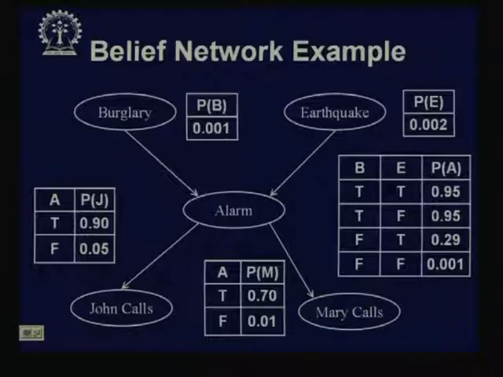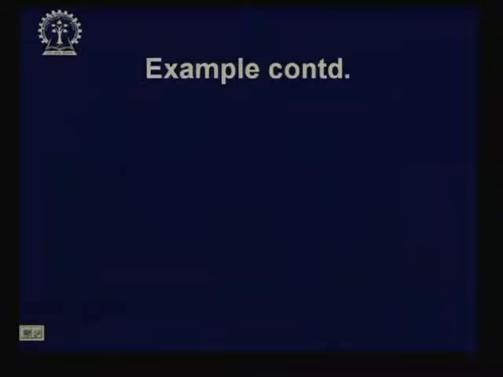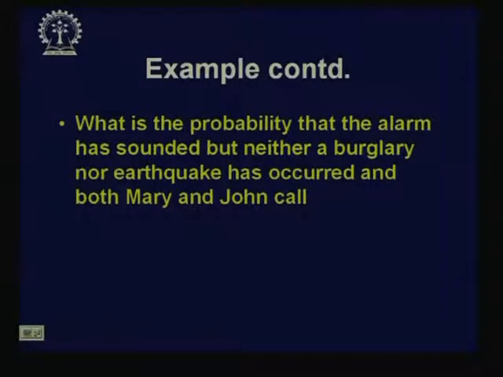Given this scenario, which you can see is a polytree, we will see how to handle this. What is the probability that the alarm has sounded, but neither a burglary nor an earthquake has occurred, and both Mary and John have called?